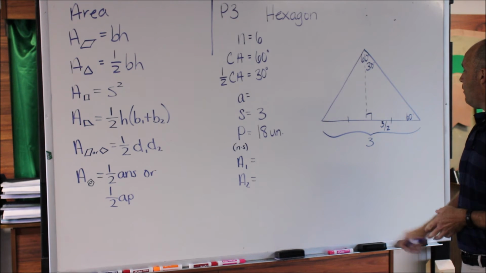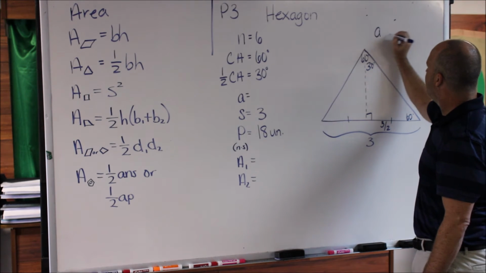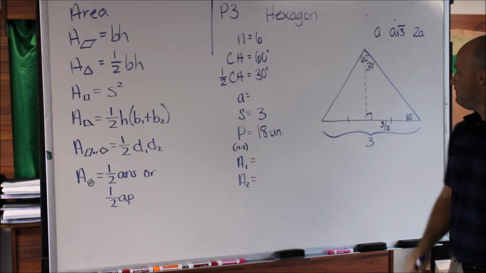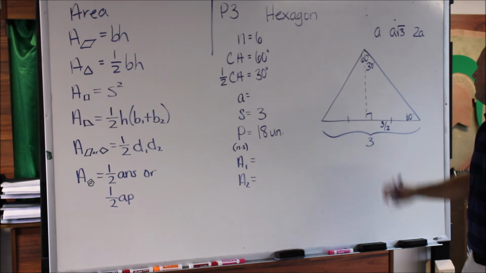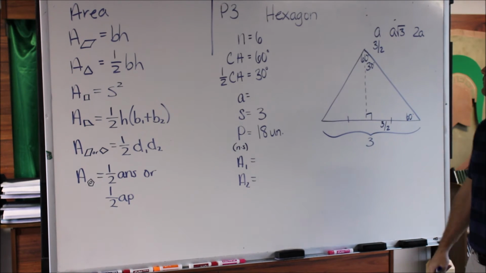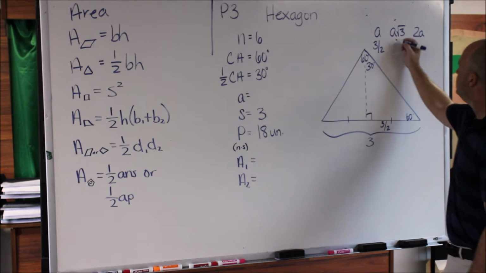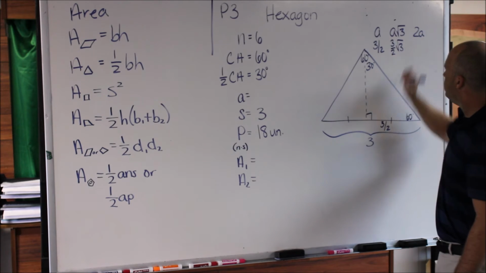So now I need to figure out, what does this 3/2 represent in my a, a square root of 3, 2a relationship? Well, this is across from the 30-degree angle. So that means that a is equal to 3/2, which tells me that the apothem, which is across from the 60, is going to be 3/2 square root of 3.